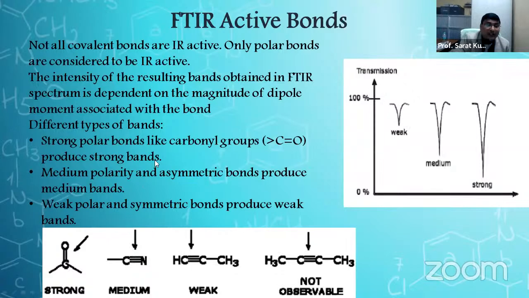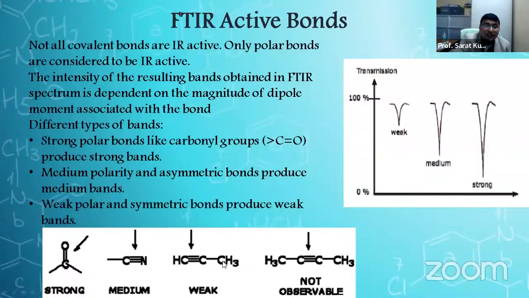What is the difference? Strong polar bonds like carbonyl compounds give strong bands; medium polarity and asymmetric bonds give medium bands; weak polar and symmetric bonds produce weak bands. For example, this is a strong bond, this is a weak bond, and CN is a medium bond.